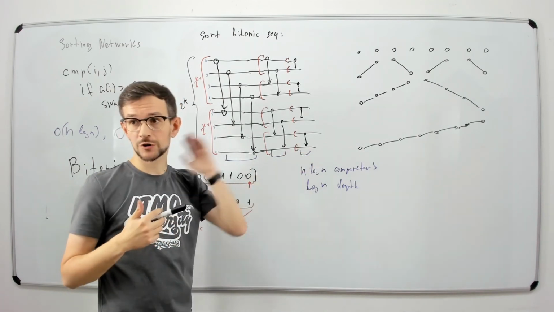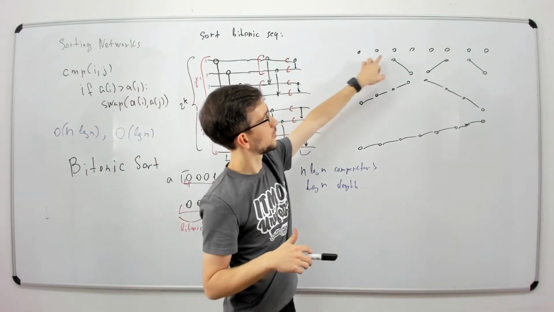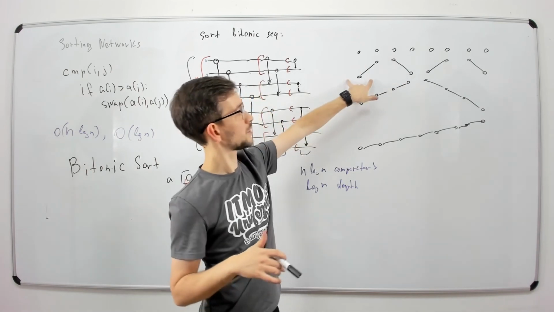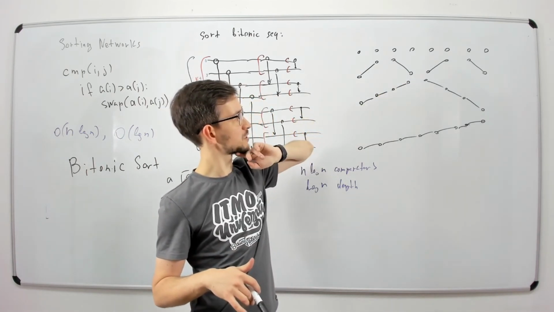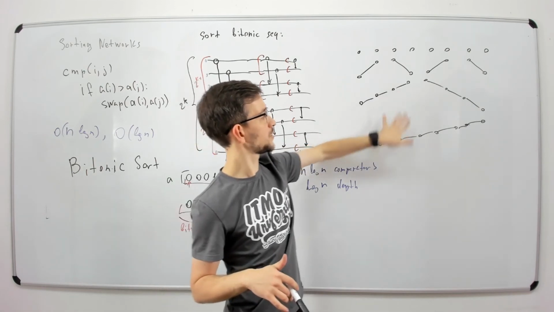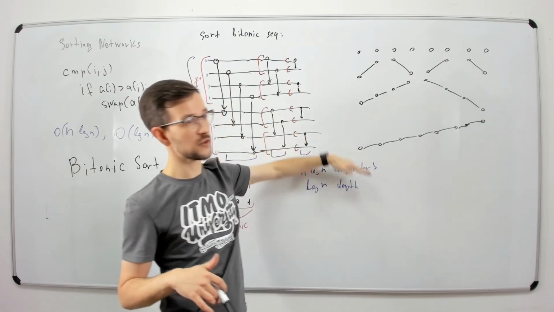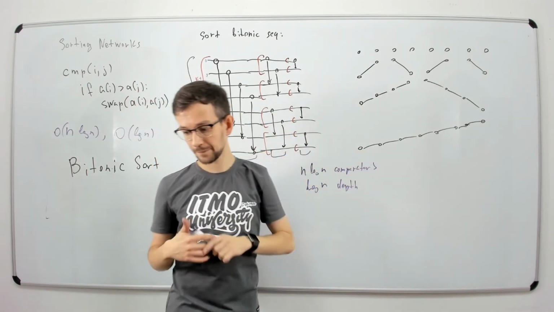So this is how you sort the given array. You're given some array, you split the array into single elements, call the Bitonic sort to make the arrays of size 2, then call the Bitonic sort to make the arrays of size 4, then call it again to make arrays of size 8, and so on. So after logarithm of calls of Bitonic sort, you will get the sorted array.